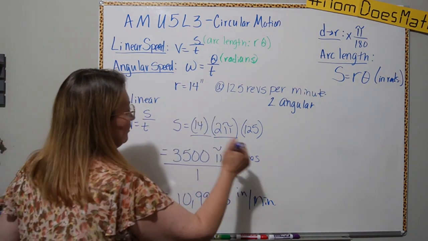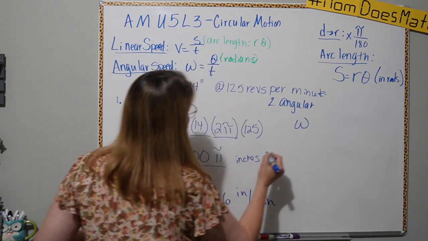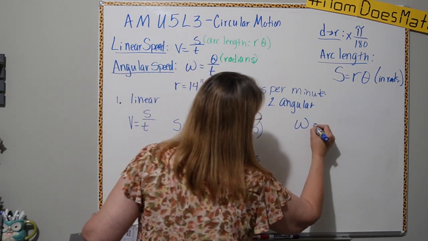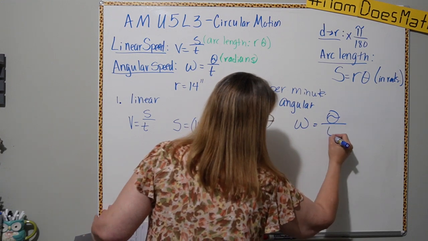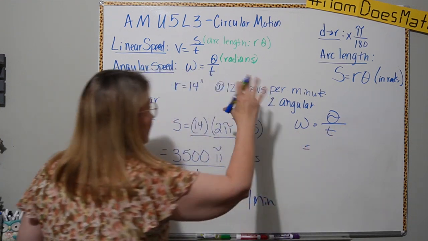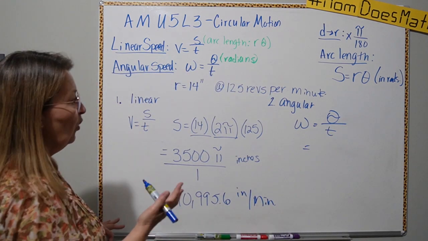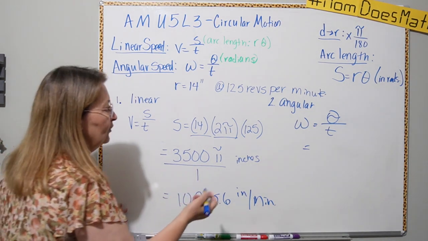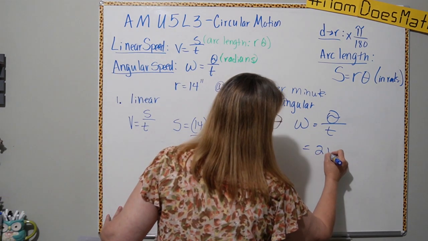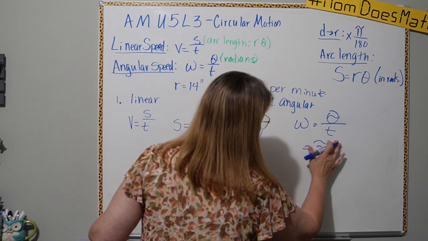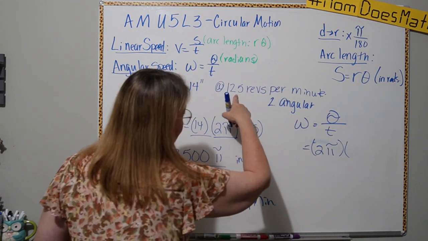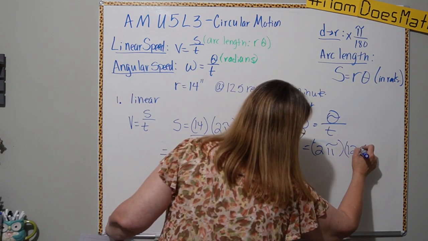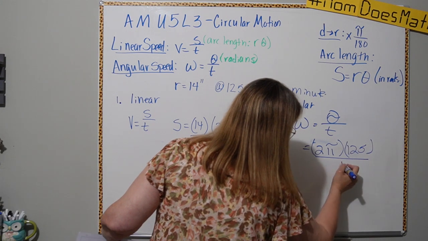Here's our formula. Angular speed is equal to theta in radians over time. Okay, it's the same situation. So what was our theta? Well, the degree measure was 2 pi times however many times it went around, 125, and this is every minute.